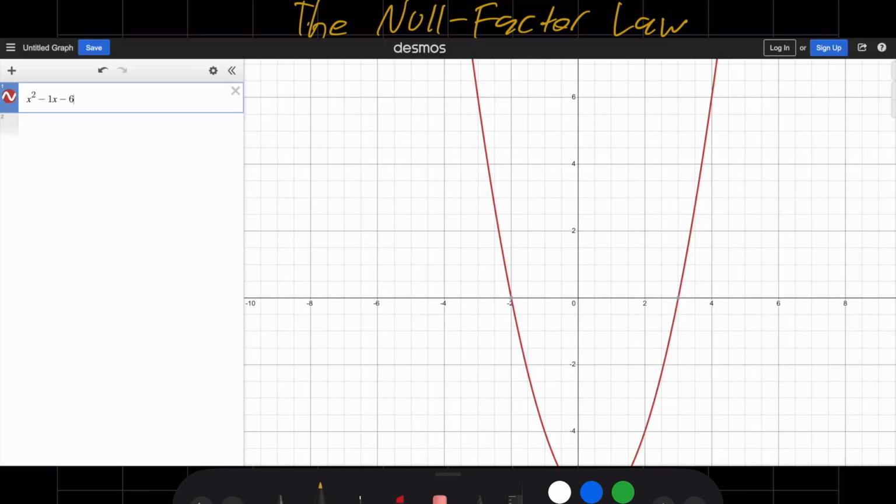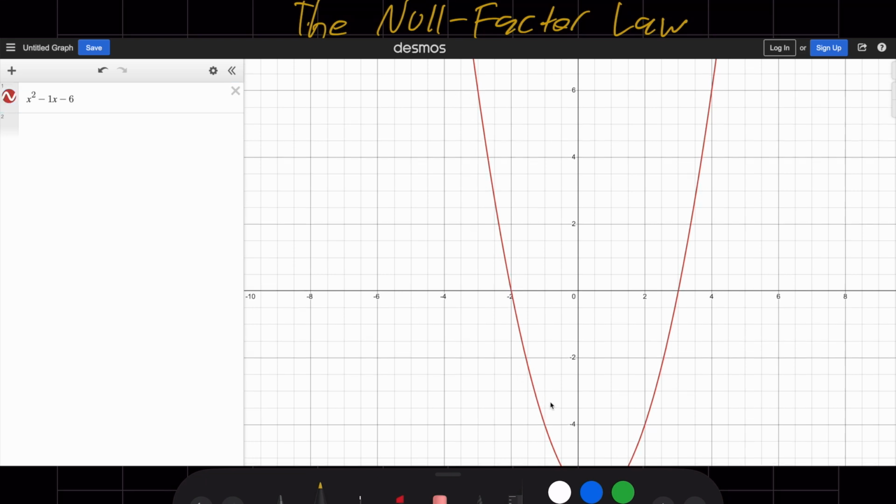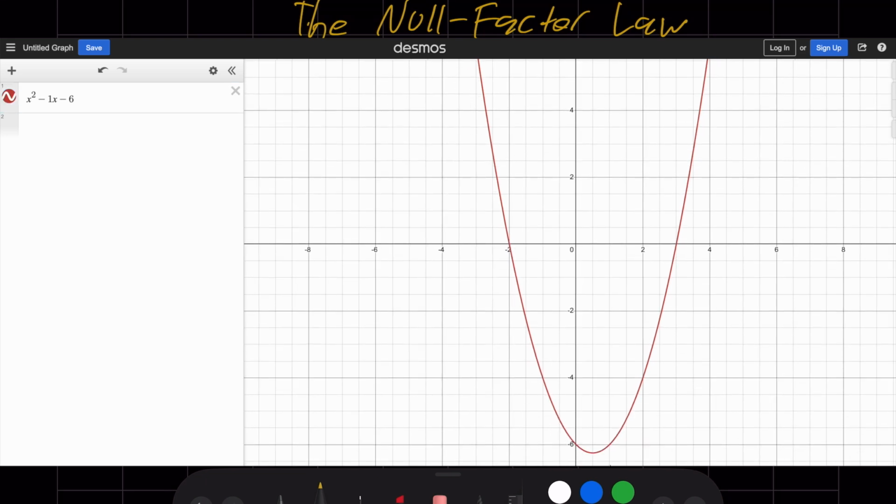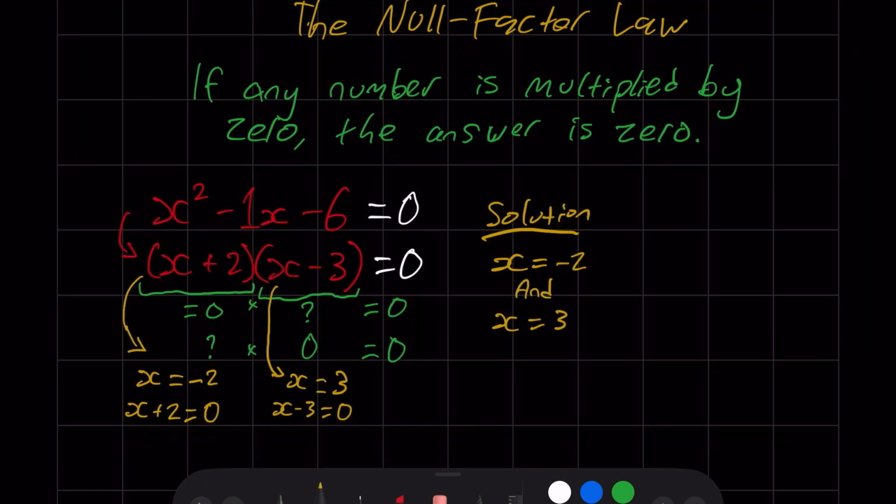If we look on my Desmos screen, you can see I've got x squared take x take 6. The graph goes down to a minimum, and our x-intercepts are at negative 2 and at positive 3. That is exactly what we had in our solutions. So if you can factorize your quadratic equation into the two brackets, you can very easily find the two solutions.